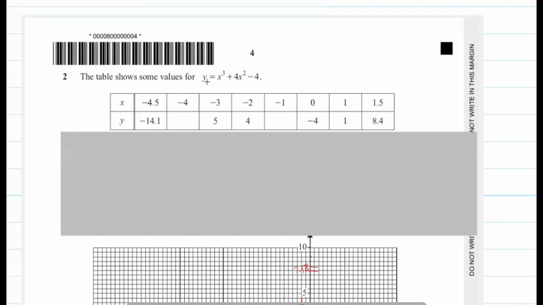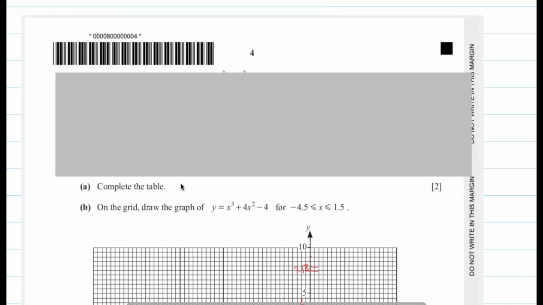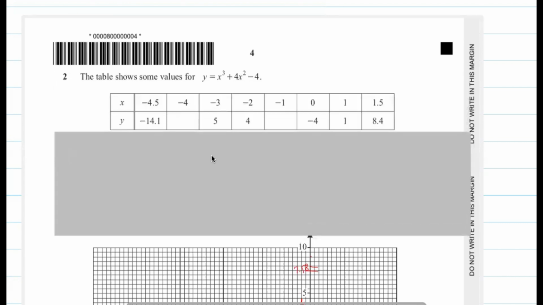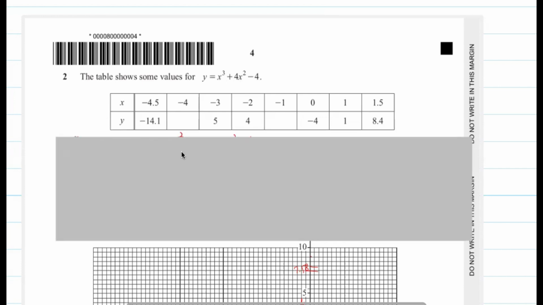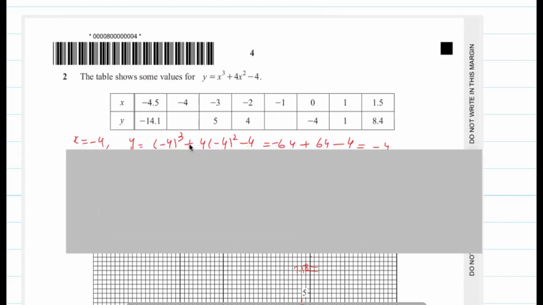Question number 2, the table shows some values of y. Part A, complete the table. Look here, we need the value of y against x equal to -4 and x equal to -1. We will calculate this value of y by substituting x equal to -4 and x equal to -1 in this equation. Firstly, we substitute -4, so y equals -4 whole cube plus 4 into x squared minus 4. Here x is -4, therefore we write (-4) cubed, which is -64, plus 4 into (-4) squared, this is plus 64, and minus 4 as it is.